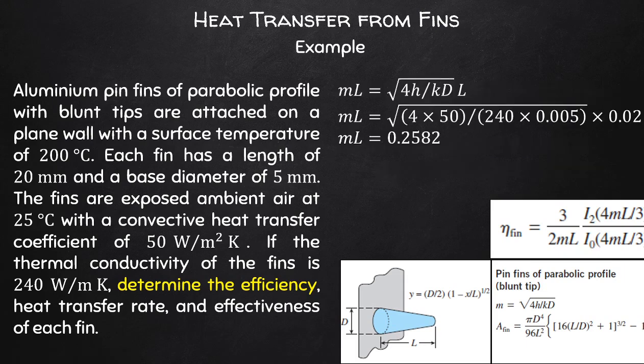Okay, but before we look at those Bessel functions, let's first just calculate the easier bits of information. So calculate m times L, and we calculate this to be 0.25829699786. Who cares? Just don't overkill the number with the number of decimal points.